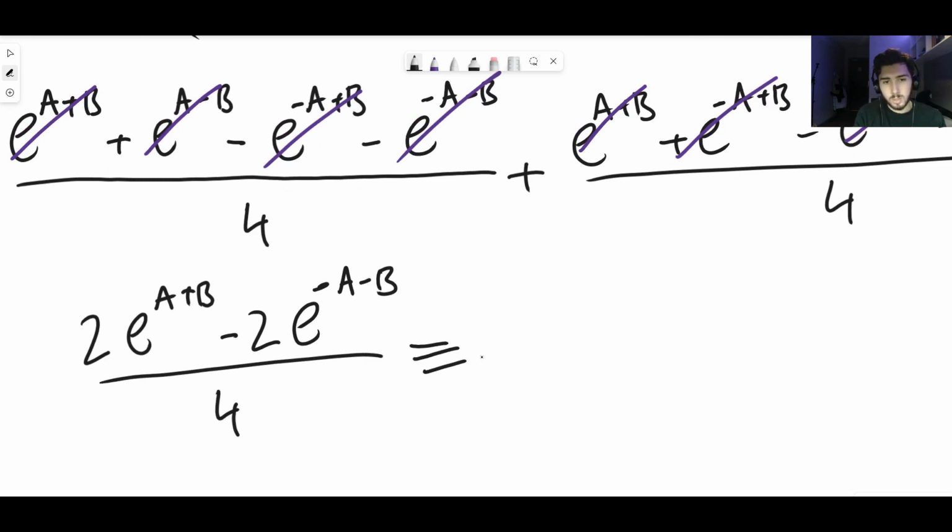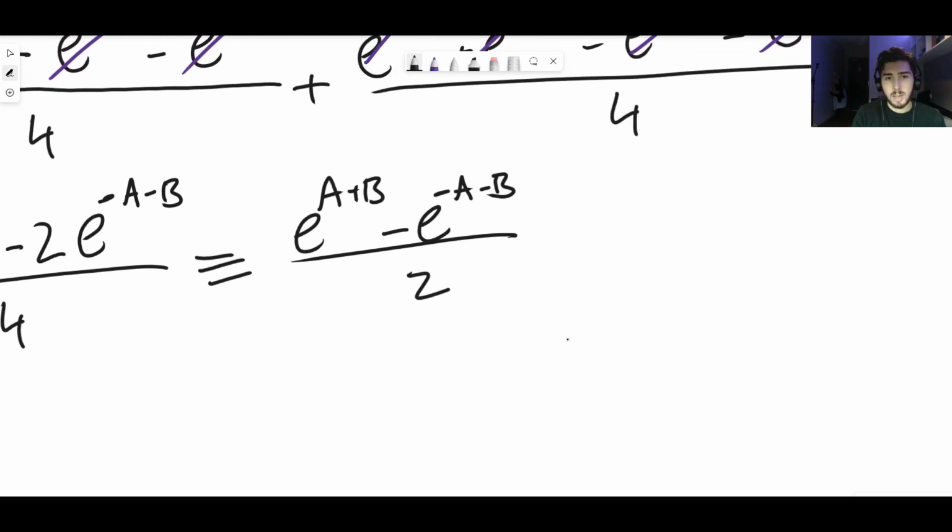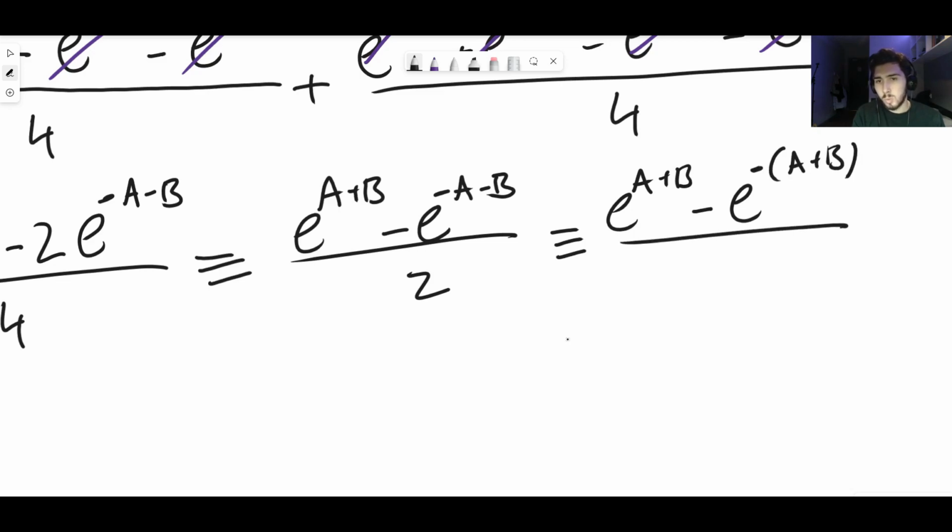And then this is identical, if we divide the numerator and denominator by 2, to e to the a plus b minus e to the minus a minus b. And of course this is very nice because we can write this as e to the a plus b minus e to the minus (a plus b), factoring that out in the numerator, all divided by 2. So what is this though?